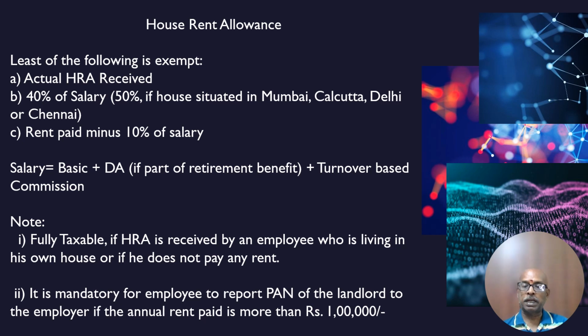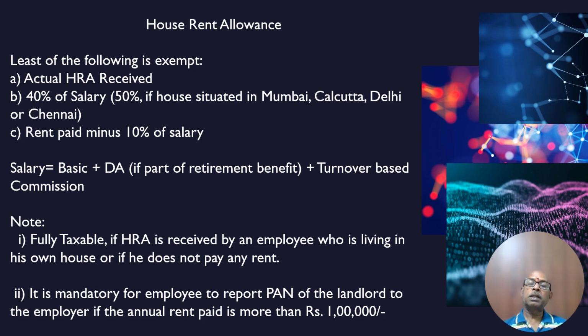Dearness allowance can be added if the DA is taken into account for his retirement benefit. For a government employee, DA has to be taken into account because gratuity is paid with the DA also. So for a government employee, salary here means basic pay plus DA.